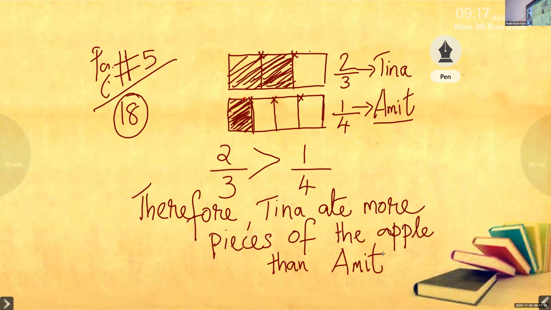Those who have drawn the picture already, no need to write it again. Others, please complete fast. So 2 by 3 is for Tina, 1 by 4 for Amit. From the picture itself, children, we can see that fraction 2 by 3 is bigger because it is this much part, and 1 by 4 is only a small piece. So that is less. Therefore, Tina ate more pieces of the apple than Amit.